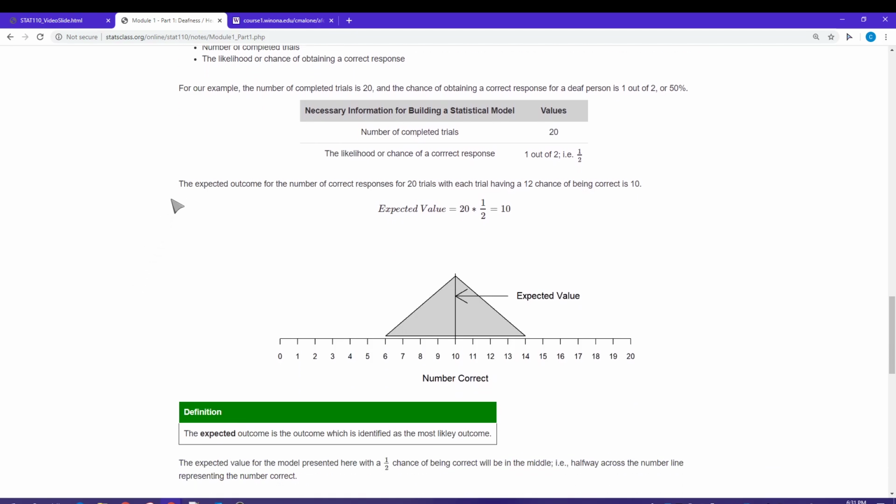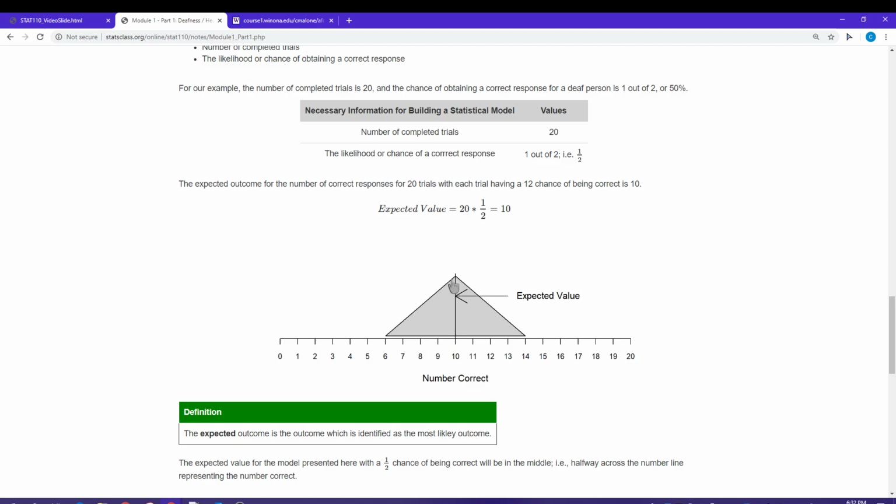Now, the expected outcome for the number of correct guesses for 20 trials, with each having a 1/2 chance of being correct, is 10. So the expected value here is 20, which is the number of trials, times 1/2, which is the probability or chance of being correct, is equal to 10.